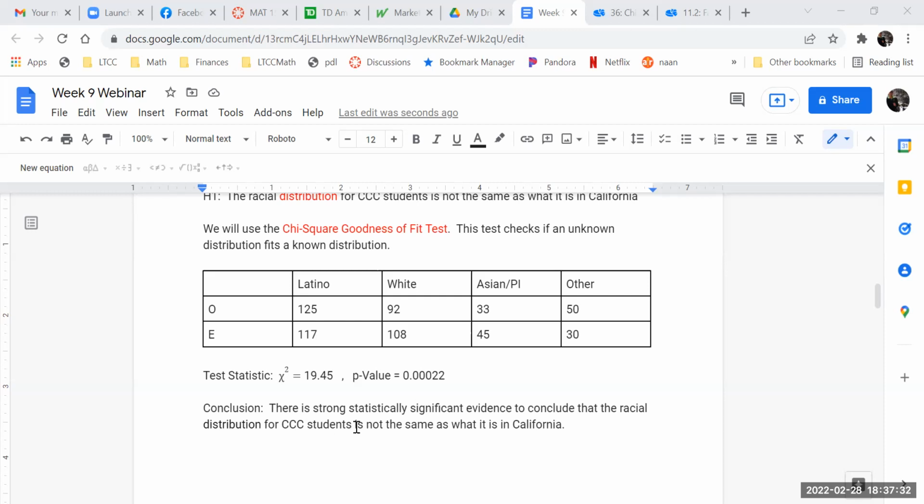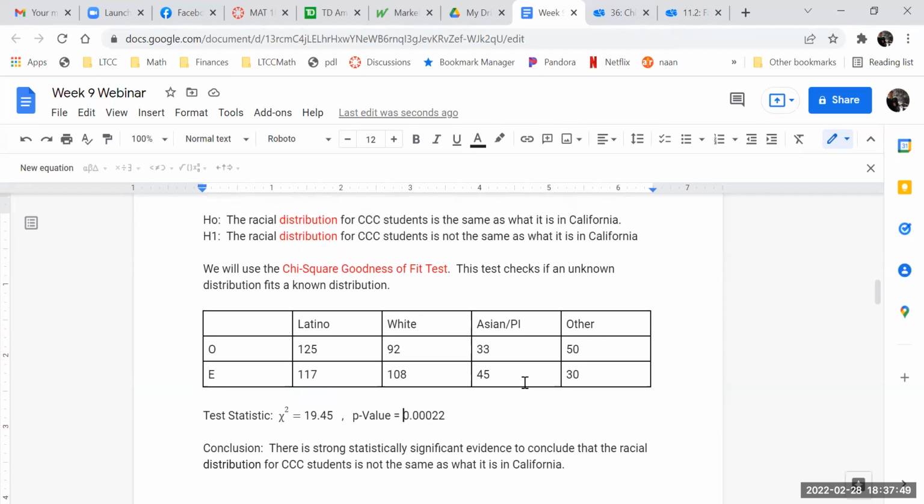So the conclusion. In this case, I'm going to say strong because my p-value is really small. So there is strong statistically significant evidence to conclude that, and one thing you can do is copy H1 and after the word that, paste it in, maybe get rid of the red.